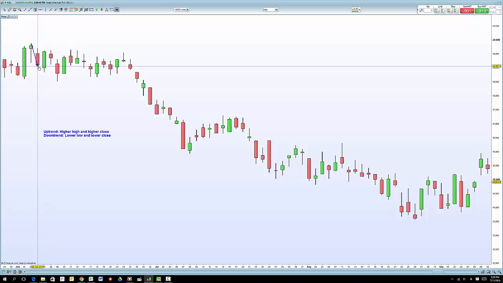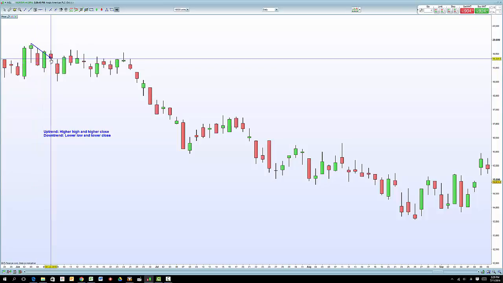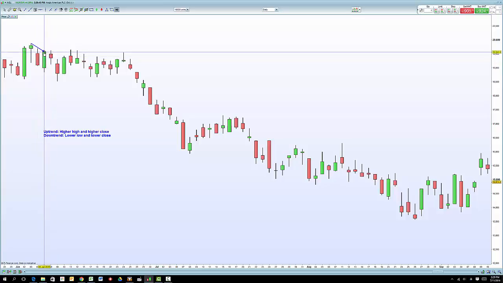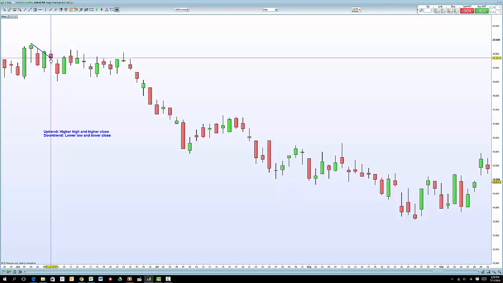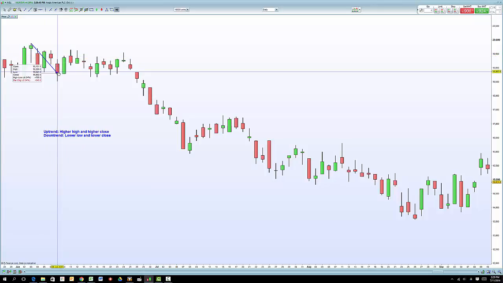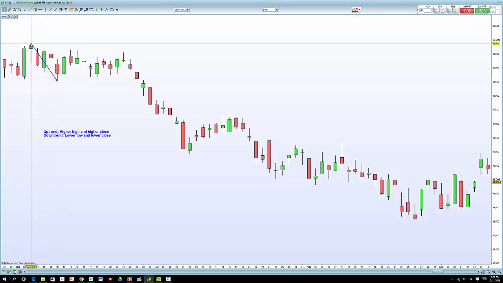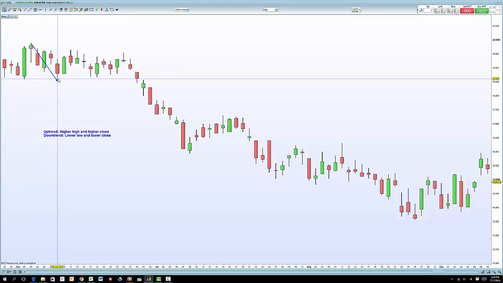So for now, let's ignore that one. Next candle, it has a higher high than this candle but a lower close, so we ignore that one. This candle has a lower low than this one and it has a lower close, so that's our next point in the price structure line. So our price structure line moves from that high to that low.